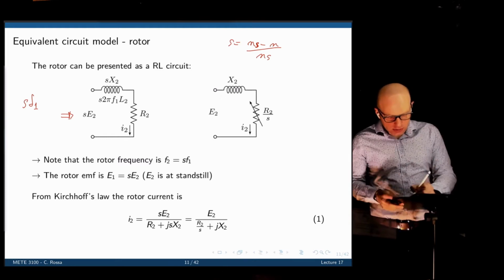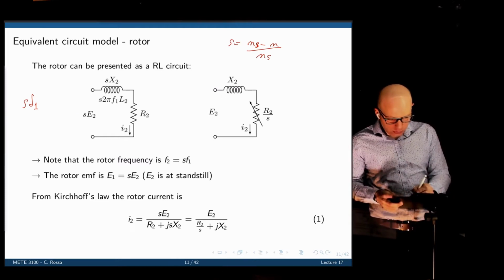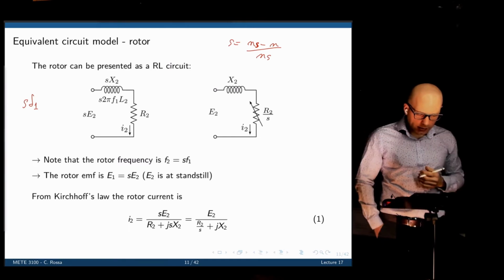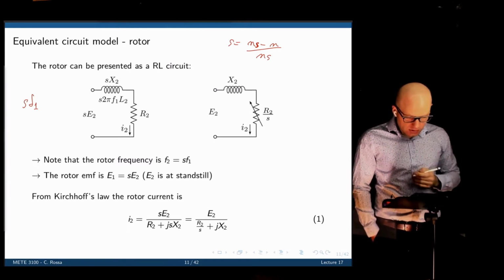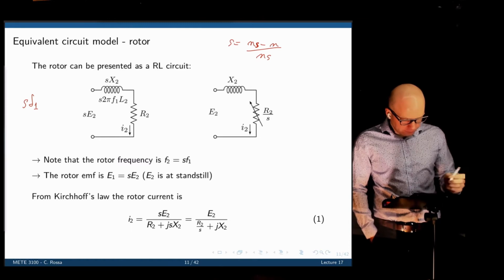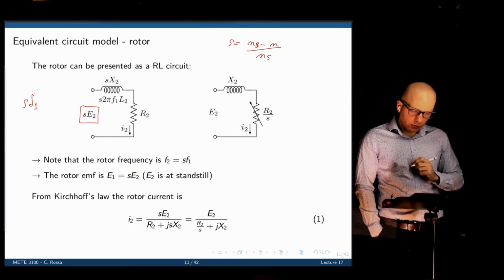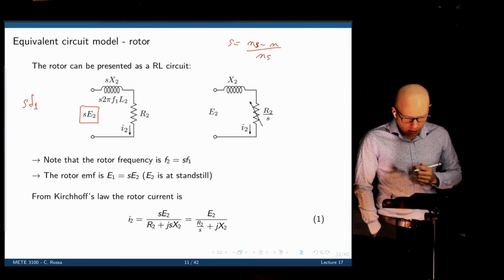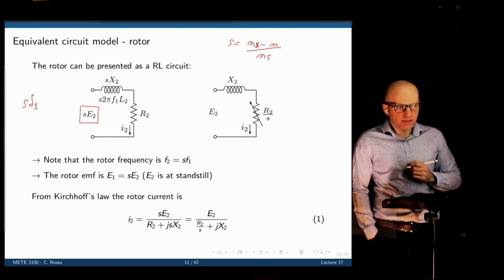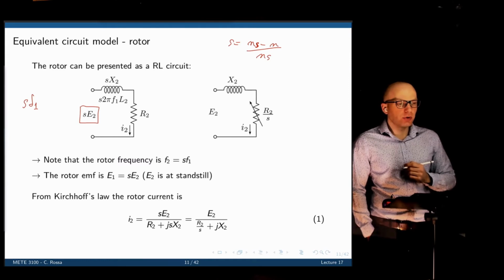What do you have in this rotor circuit? Well, we have these two: the reactance and the resistance, and we have an input voltage here, or the resulting EMF, that is S times E2. E2, if you remember from the last lecture, is the voltage that is developed in the rotor at standstill.